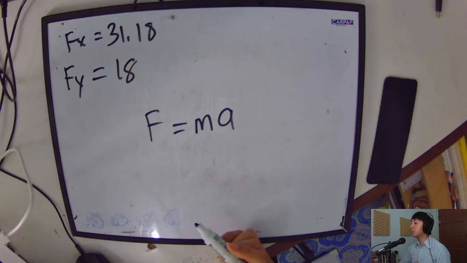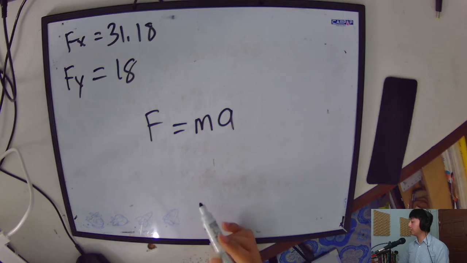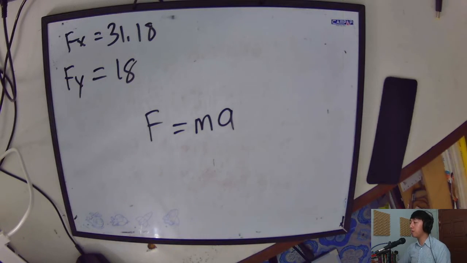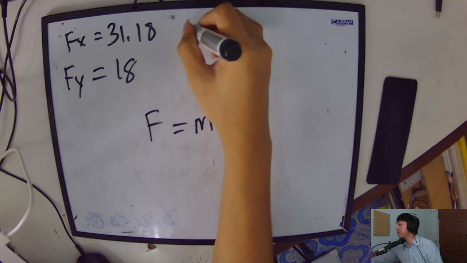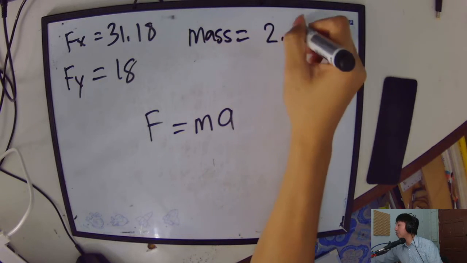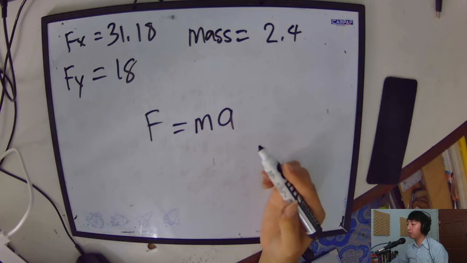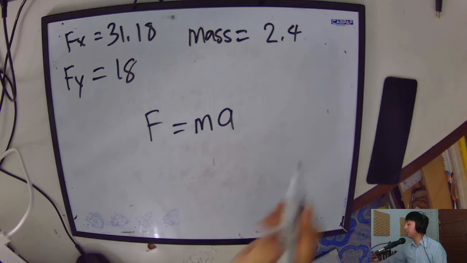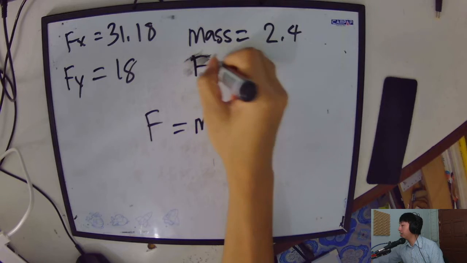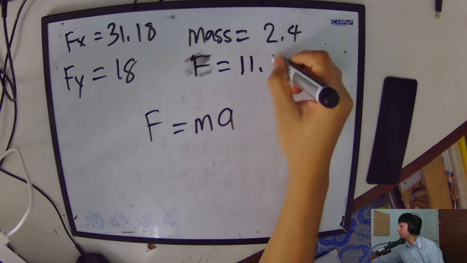What I like to do is find the formula first. Actually, let me write down first the information that you need. We know that mass is 2.4, and we also know that the force is 11, or let's just say F equals 11.18.